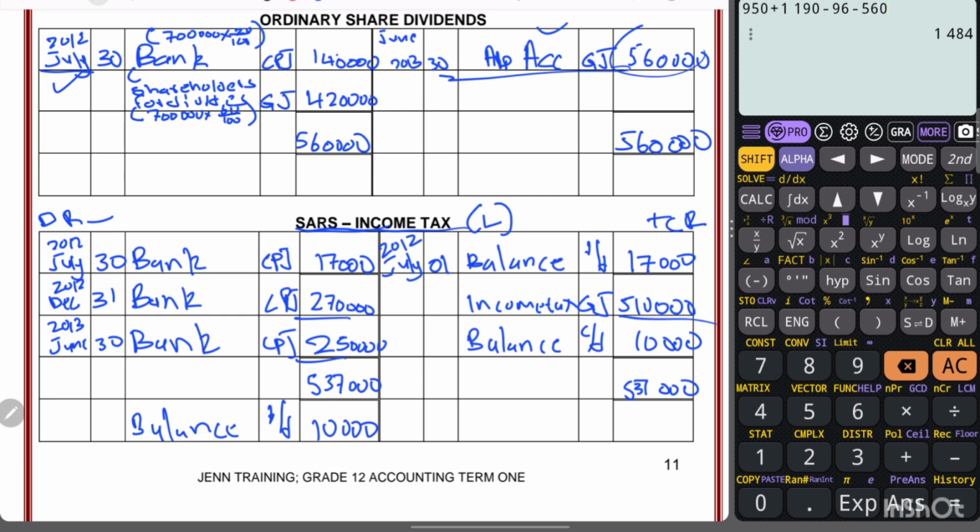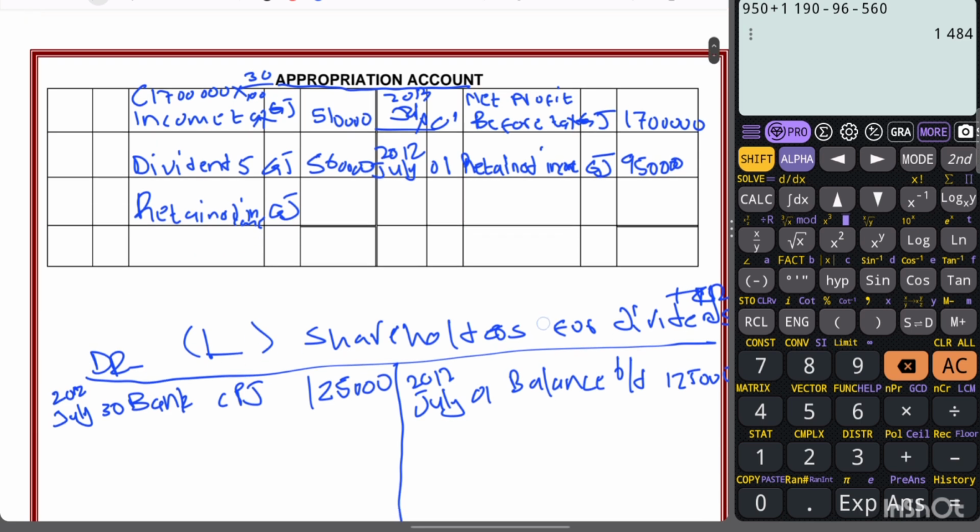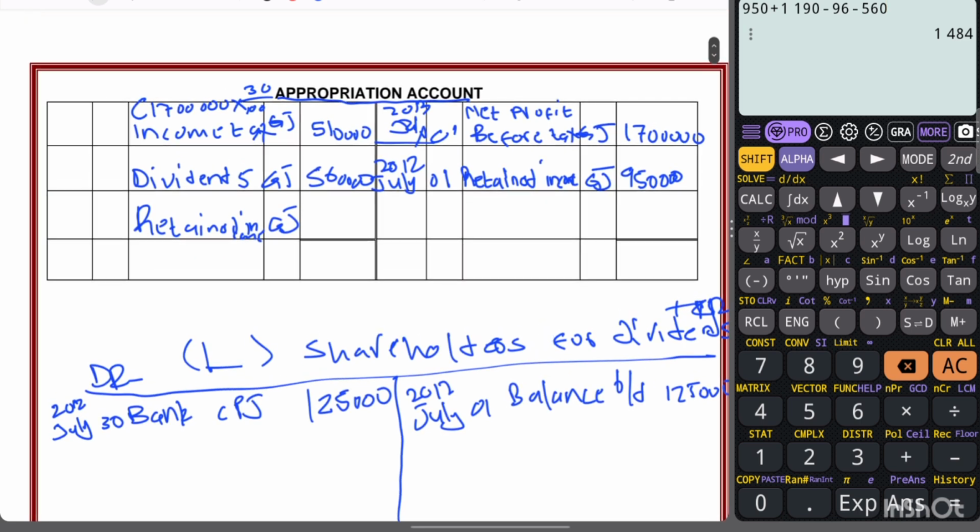And then let's finish now our appropriation account. Okay, now let's go back now to our appropriation account. Here, because of buying back, I'm going to manipulate it a bit now. Here I'm going to add bank, and then in bracket I'm gonna write buying back.